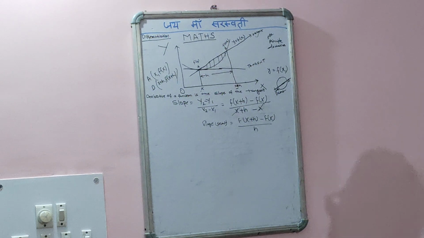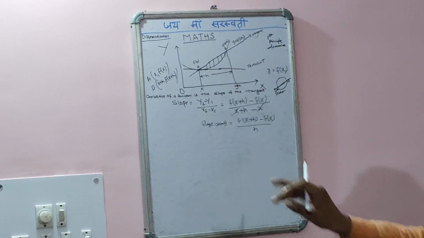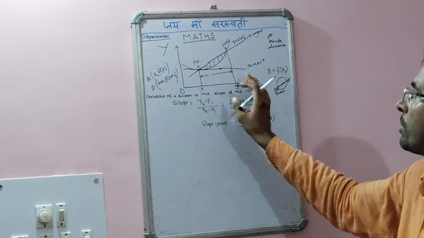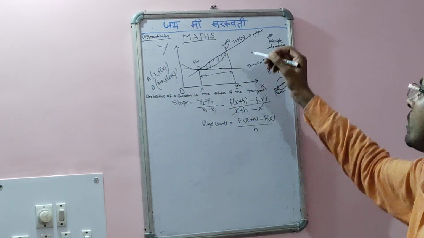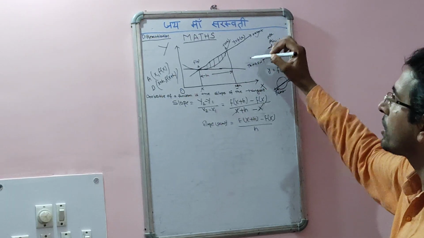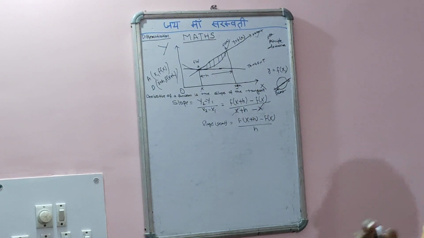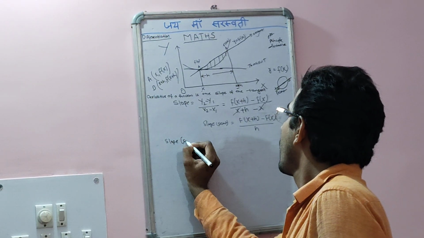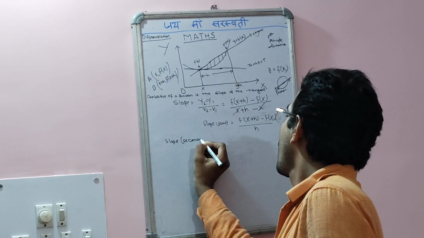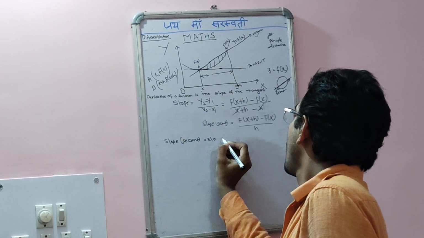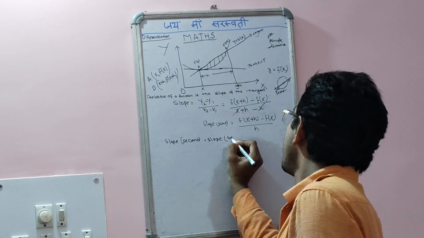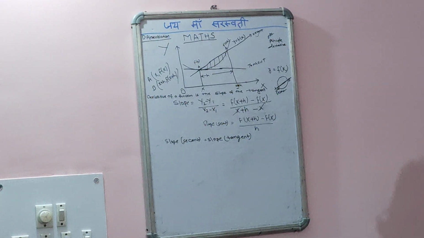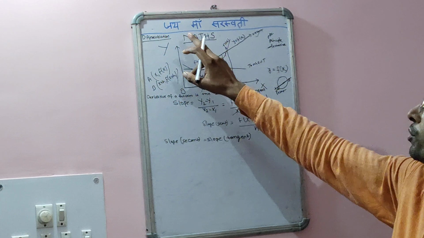So a time will come when this particular h becomes 0, the distance between A and B becomes 0, and the slope of the secant becomes the slope of the tangent. That is what we have to derive.